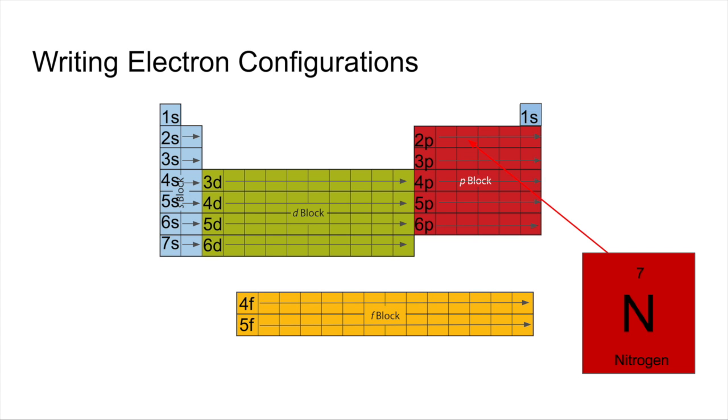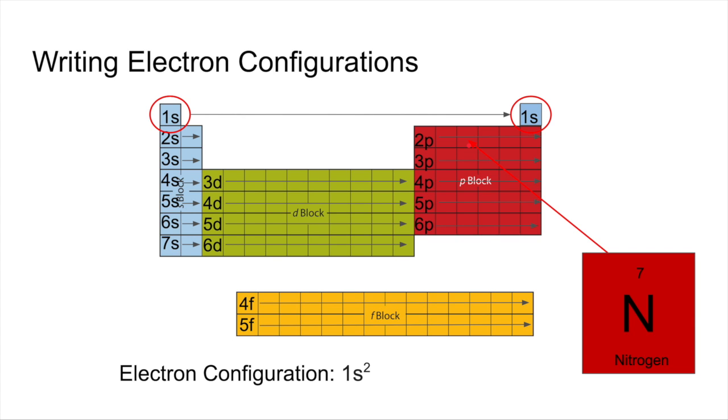Now let's look at something a little harder. Nitrogen. Nitrogen is number 7 on the periodic table, meaning it has 7 electrons. Remember, we start from the beginning, go from left to right, and add everything in front of that element. So let's start from the first shell. Remember, it's 1s2 since we went all the way across. Then we go down the group.